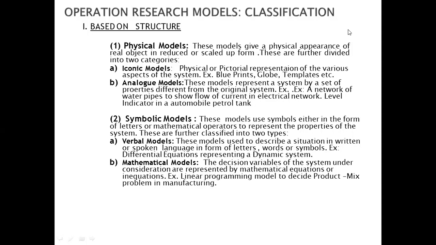For example, different equations representing a dynamic system. And in mathematical models, the decision variables of the system under consideration are represented by mathematical equations or inequations. For example, a linear programming model to decide a product mix problem in manufacturing.